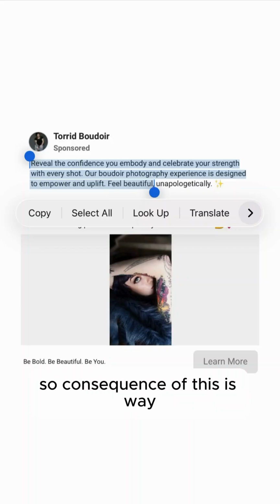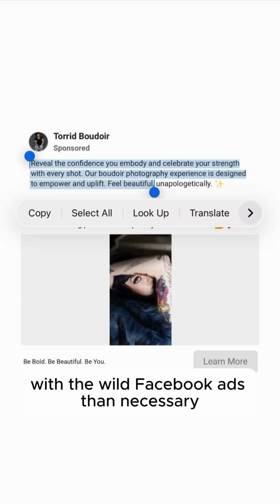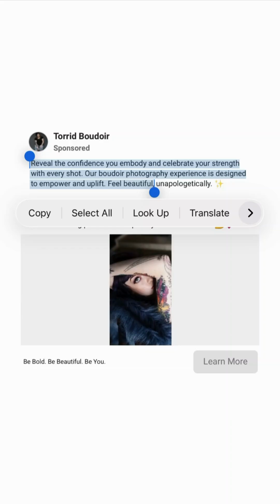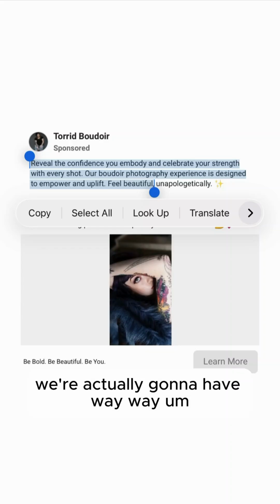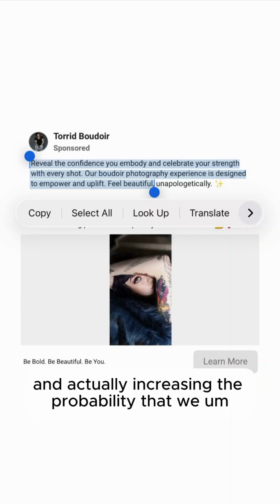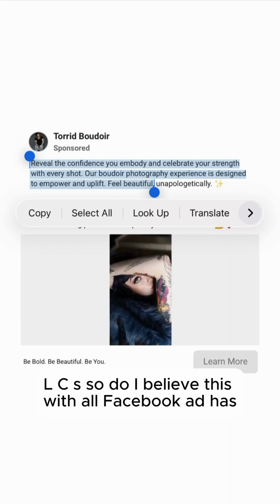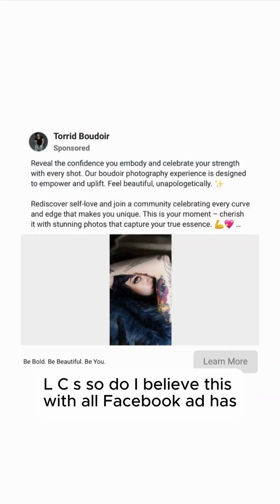So the consequence of this is way more women are going to be scrolling by with our Facebook ads than necessary. And as a result, it's going to be pulling our unique CTRL under 6% and actually increasing the probability that we have BLCS.